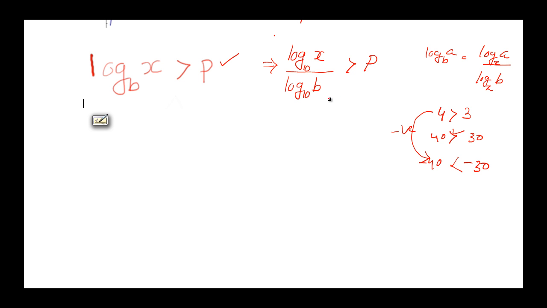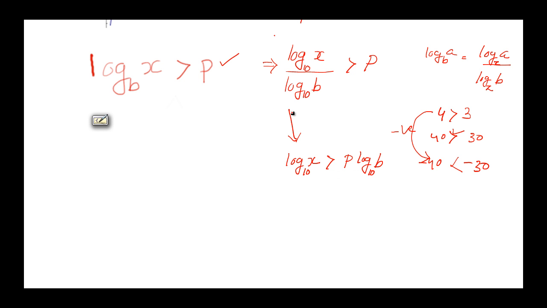Fine? So when I multiply this inequality on both sides by log b to the base 10, you have to be careful. Okay? So there are two cases then. Case 1 will be, you get log x to the base 10 greater than p into log b to the base 10.